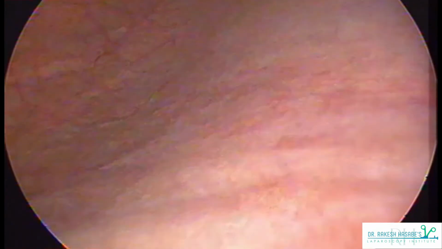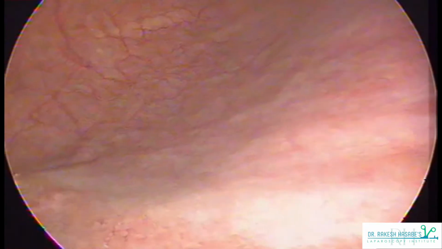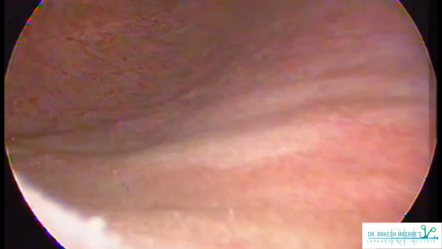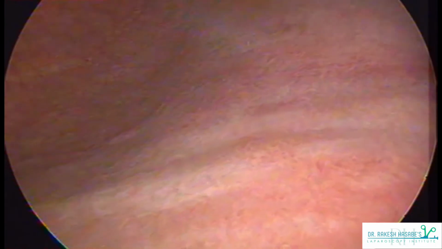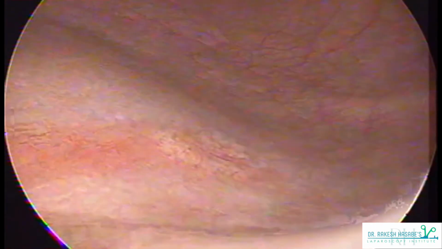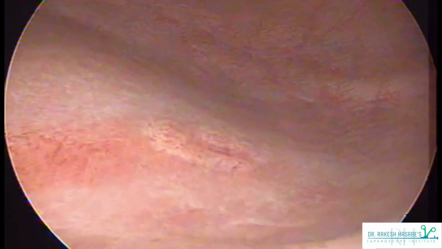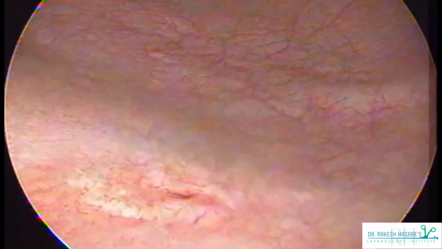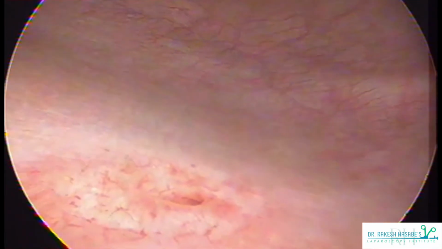The area being focused on screen again is the left ureteric orifice and bladder trigone. The bladder trigone is a triangular area formed by the bilateral ureteric orifices and the internal urethral meatus.